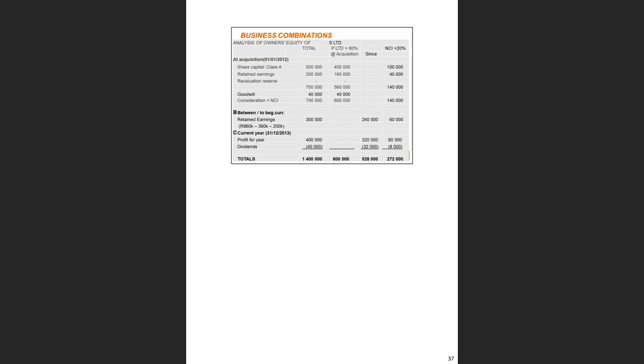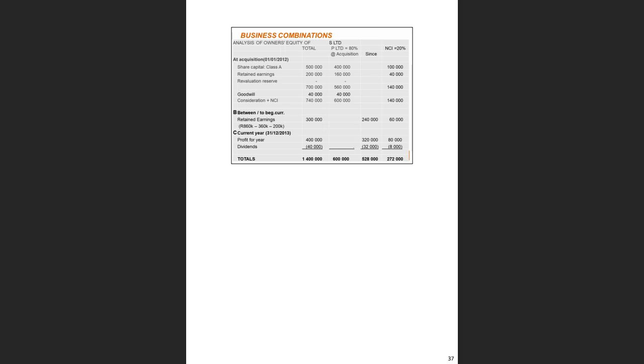So during the current year, S had profit of 400,000 Rand and declared a dividend of 40,000 Rand. So that 360,000 Rand comes from the current year profits of S, minus the 200,000 Rand, which relates to the pre-acquisition retained earnings. So once again, similarly to the previous example, we are trying to calculate B here.